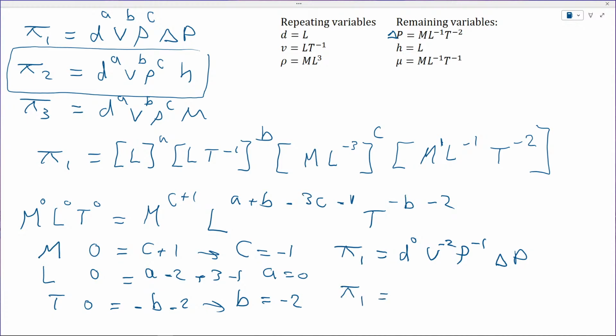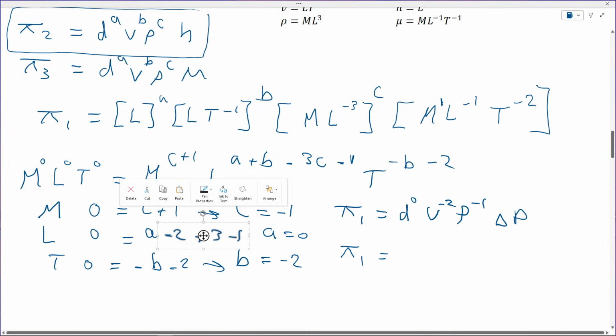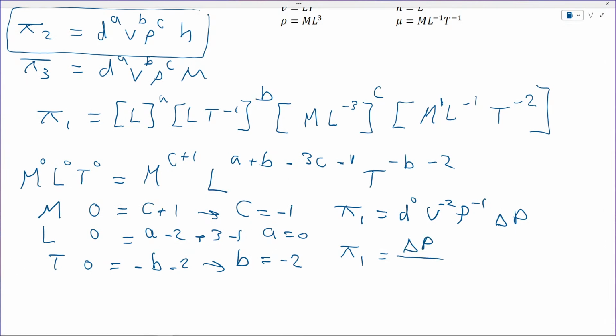I can say pi 1 is equal to delta, my drop in pressure, over velocity square times density. That is equal to drop in pressure over velocity squared and density. Yeah, that's my pi 1. Do you agree?